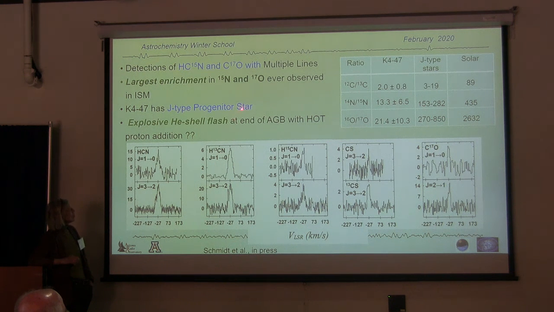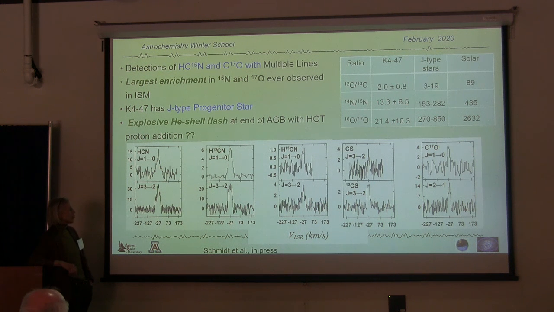But what causes the enhancement of carbon-13 and oxygen-17 at the same time, and nitrogen-15? Well, the only way you get nitrogen-15 enhancement is the hot CNO cycle. So you've got to have some kind of explosive process to produce nitrogen-15.